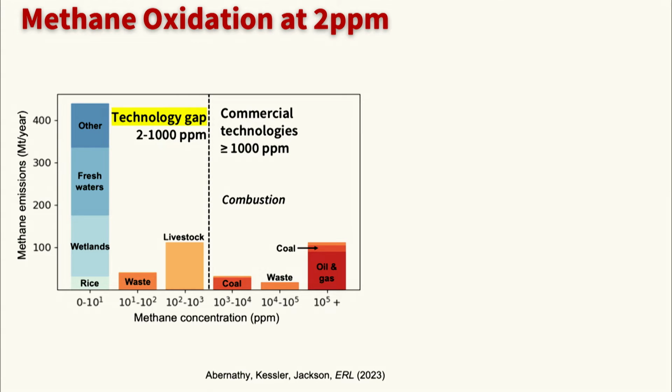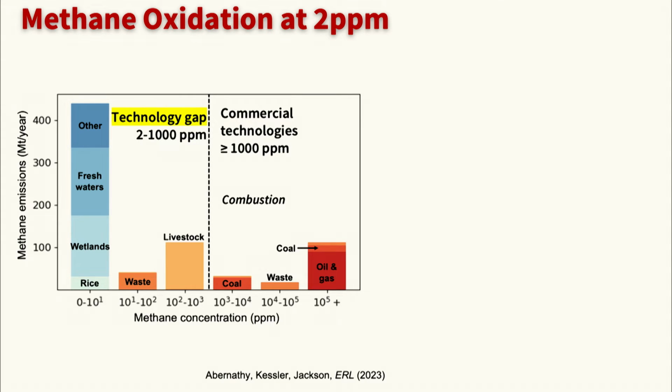From oil and gas, it's pretty high concentration, 10⁵ ppm. You have waste and coal bed methane, where the methane is leaking out at about 1,000 ppm. And you have all this livestock waste and wetlands and rice and fresh water, which is much, much lower, all the way to 10 ppm, and the atmosphere is 2 ppm.